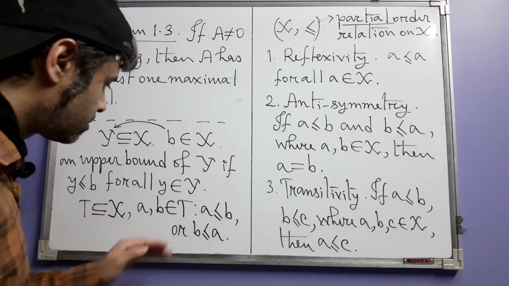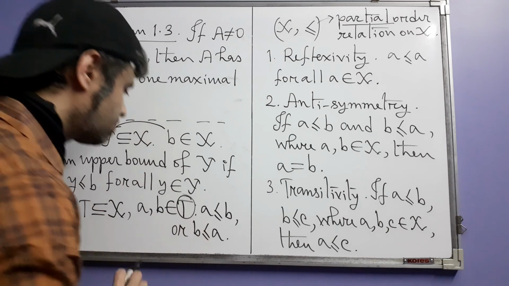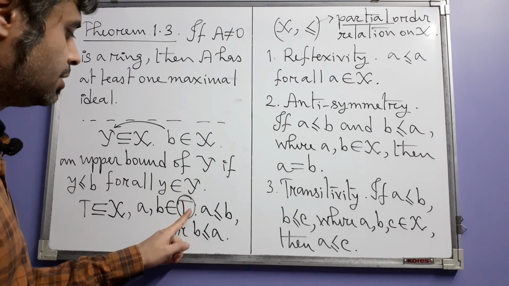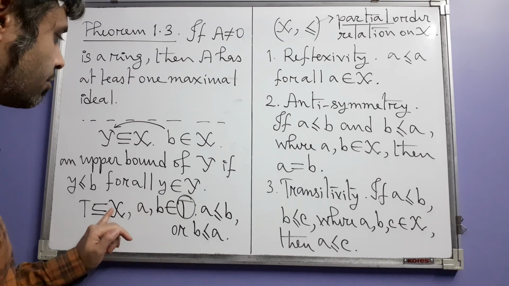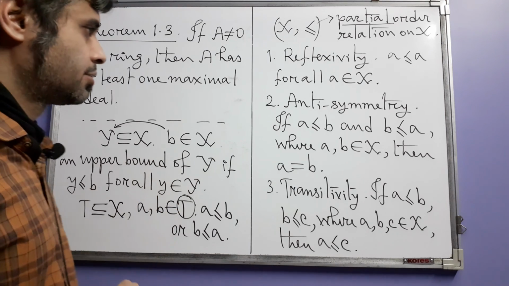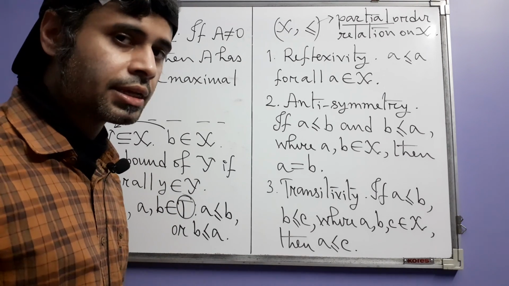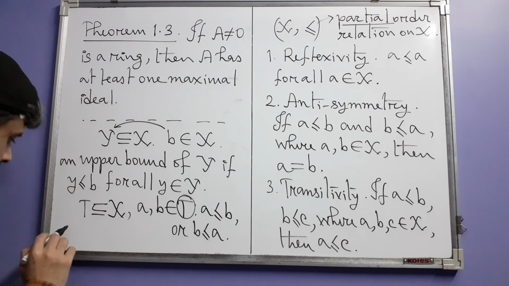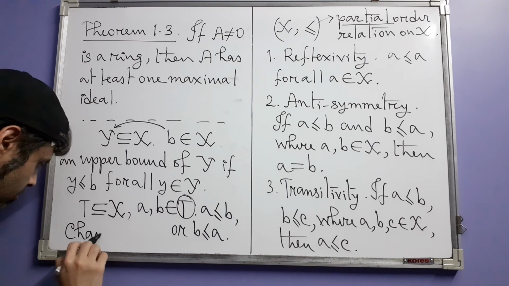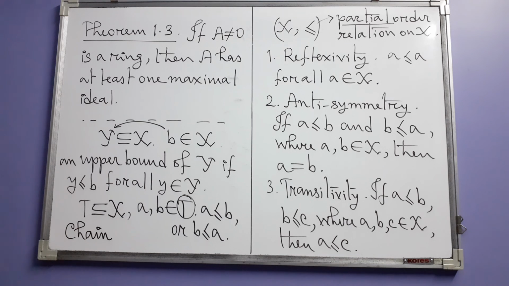If you encounter such a set T, then T is called a totally ordered subset of X, or there is another name also. Such sets are called chains in X.